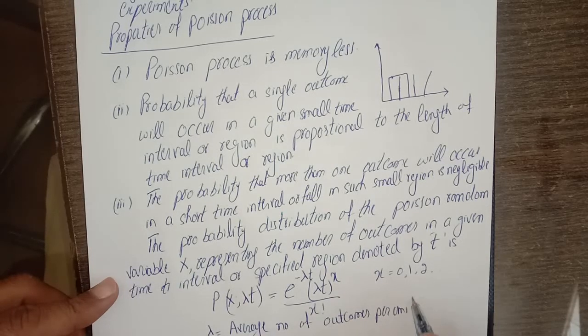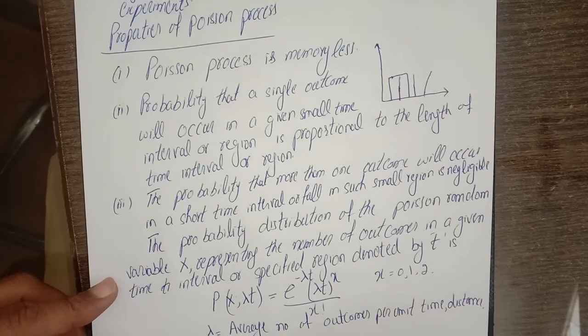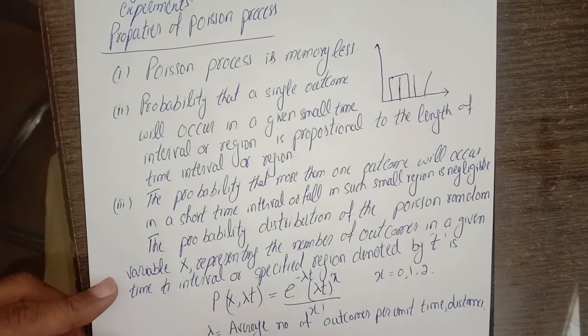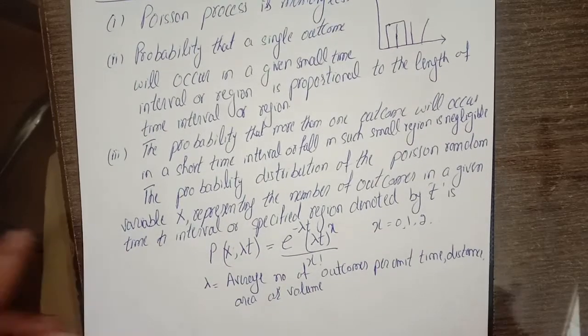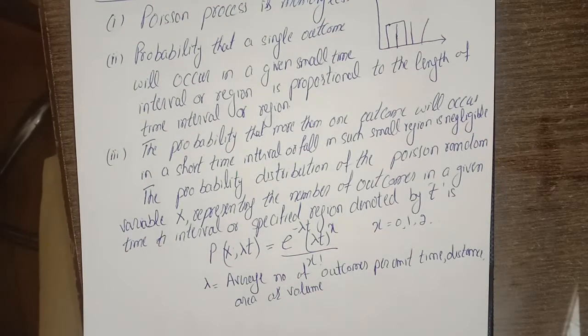It could be time, distance, area, or volume. And e is the exponential constant, which has a value of 2.718.